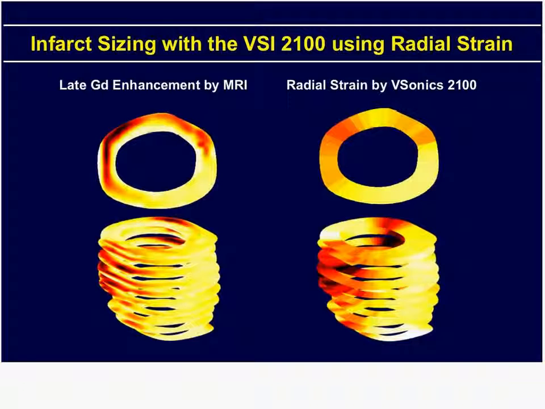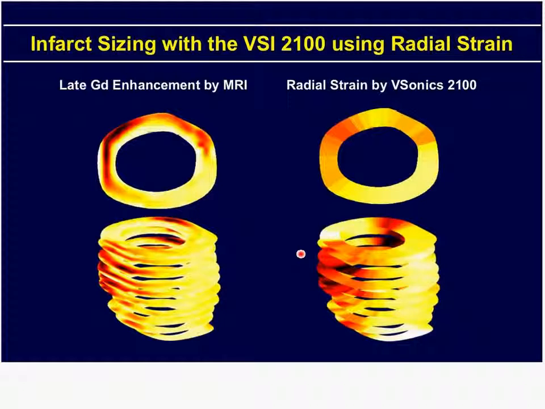For many years, cardiologists have been eyeballing the presence or absence of infarct in patients using echo, just looking for wall motion deficits. And so it makes sense intuitively that one should be able to use radial strain as a measurement of infarct size.